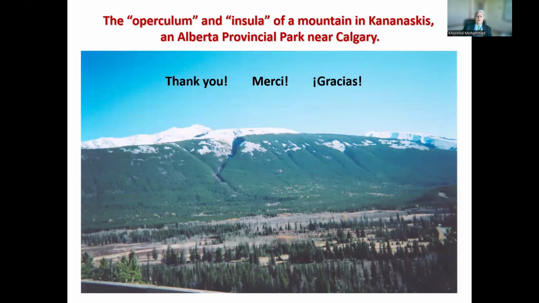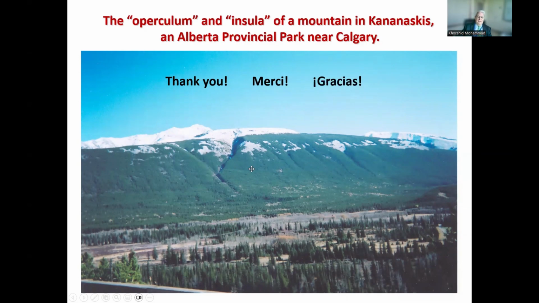And in concluding, I just want to show you a picture I took in Kananaskis, which is a provincial park of the province of Alberta. And this is a mountain in that provincial park. And this mountain has an operculum and an insula, as you can see.